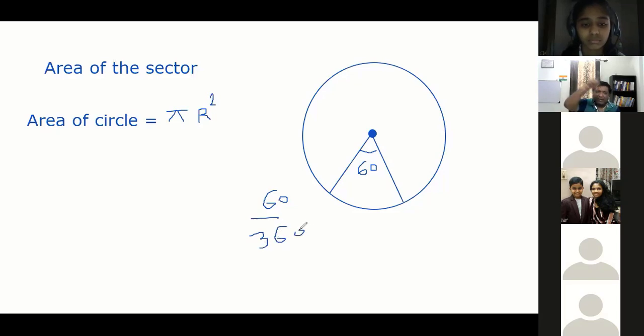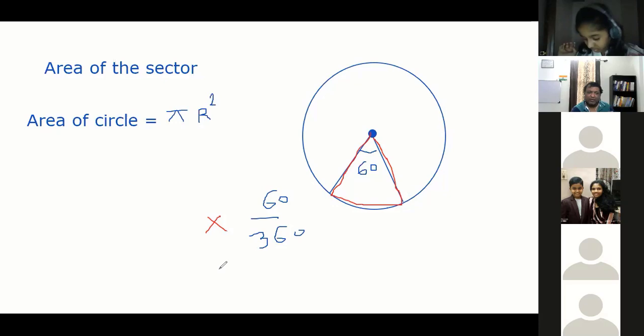Full circle is 360 degree. So this much part, just imagine one thing orally, this part. If 360 is the full, 60 degree will be this much part, right?